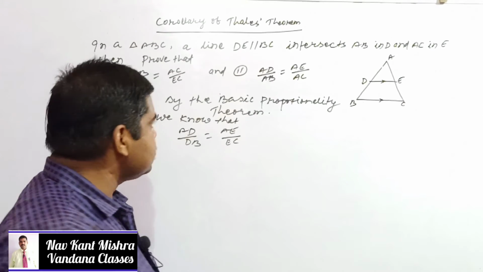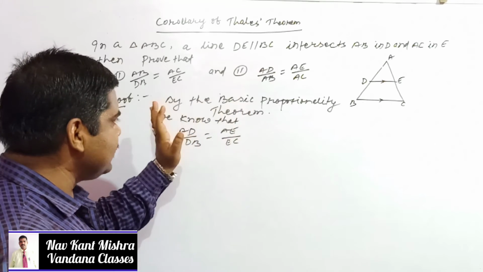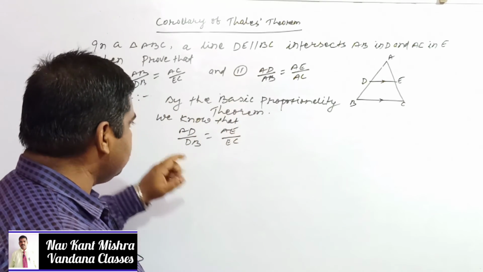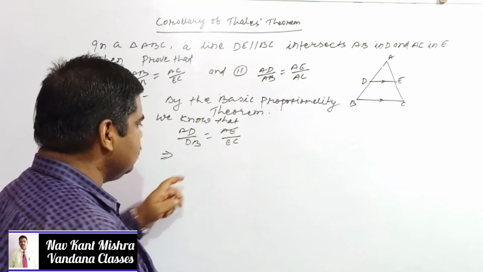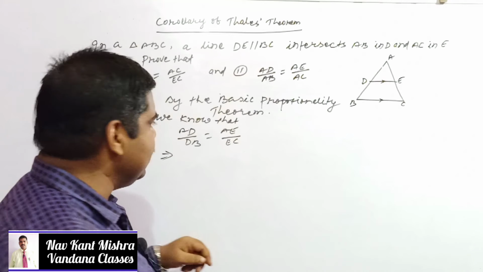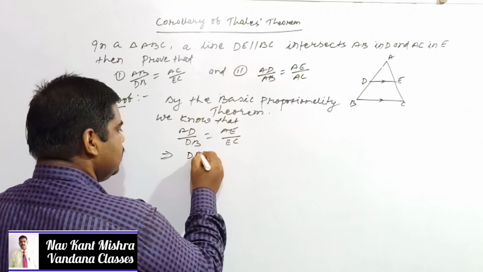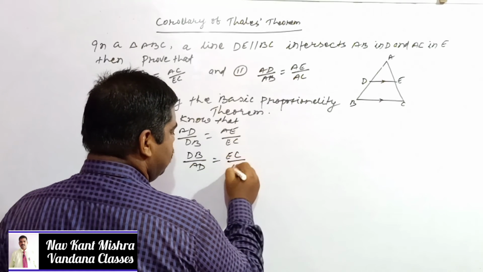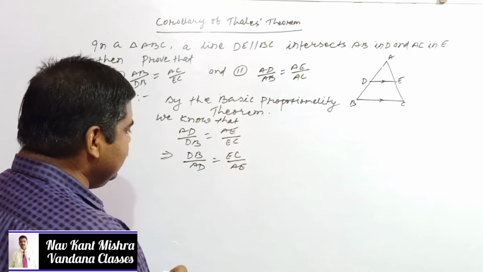Regarding the second, you write by the basic proportionality theorem that AD upon DB is equal to AE upon EC. As I discussed earlier, it can be written as DB upon AD is equal to EC upon AE, because its reciprocal is also equal.